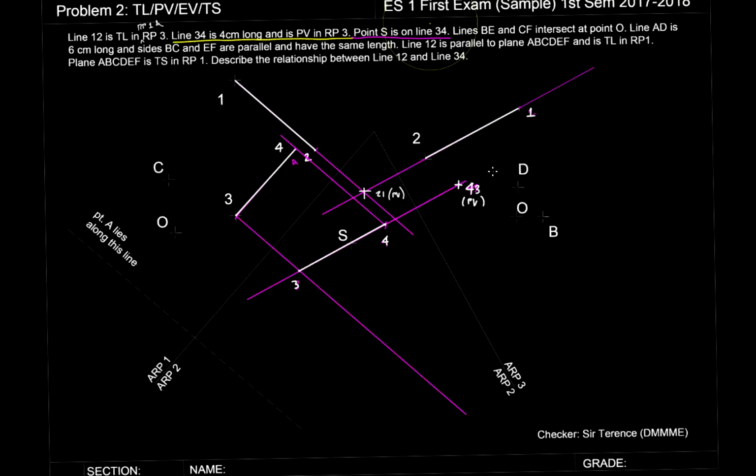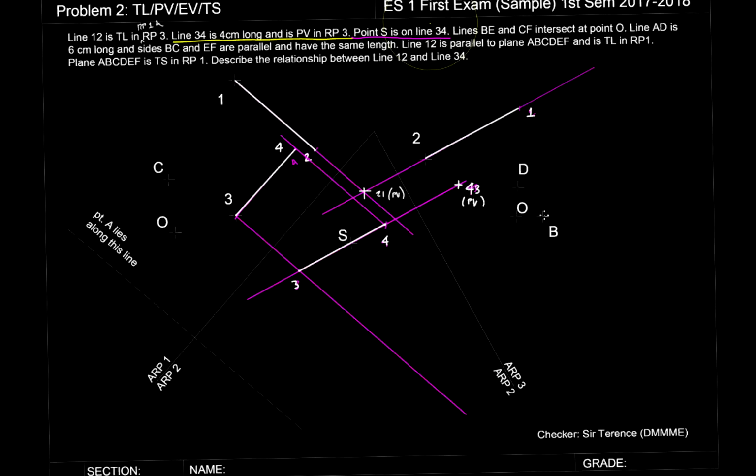Lines BE and CF intersect at point O. So, what does it mean when a line intersects another line at a particular point? Ang isang implication nun is that yung intersection point nila, and in this case, point O, is part of both lines, no? So, point O is in between line BE and point O is also in between line CF.